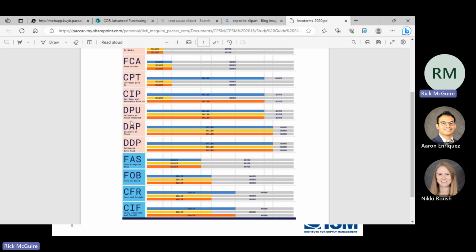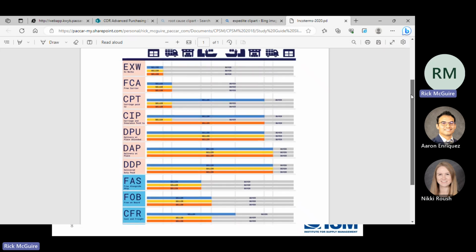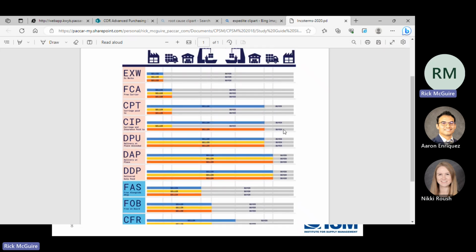DPU, delivered at place unloaded, and DAP, delivered at place. So you can see the difference between the two is when it says place unloaded, it means you have to take it off the truck, not the seller. So delivered at place, the seller has to take it off the truck. That's the same with DDP, which is delivered duty paid.